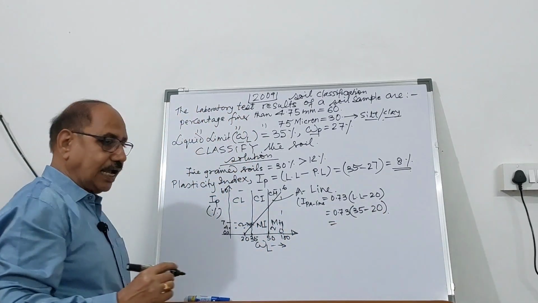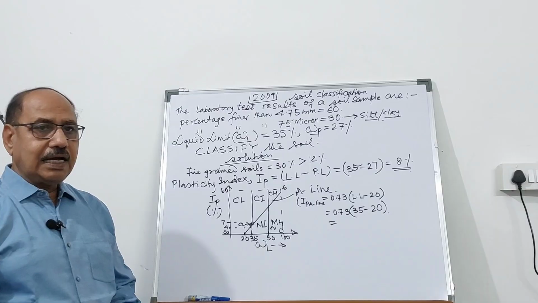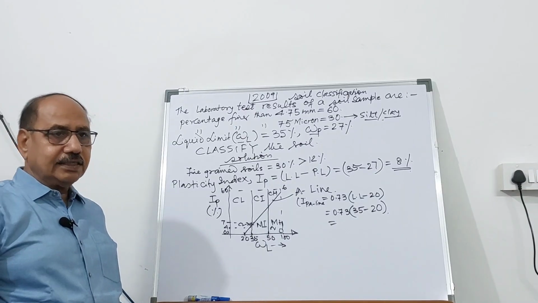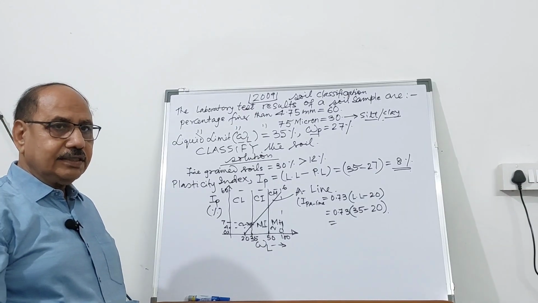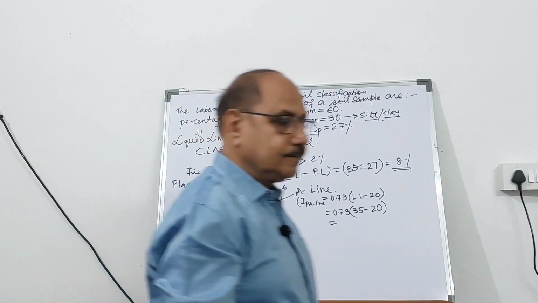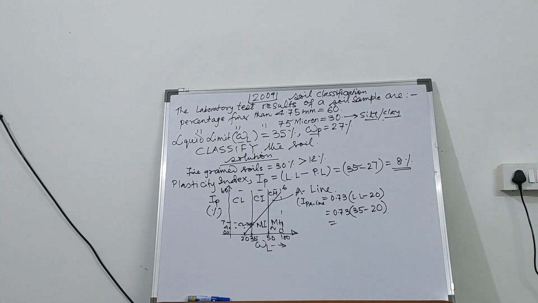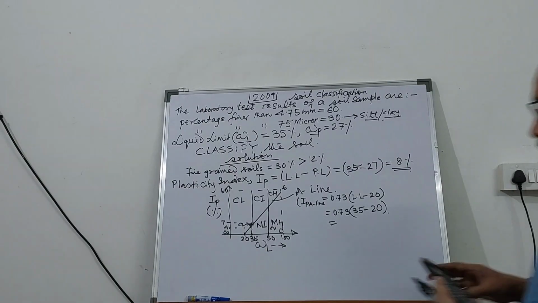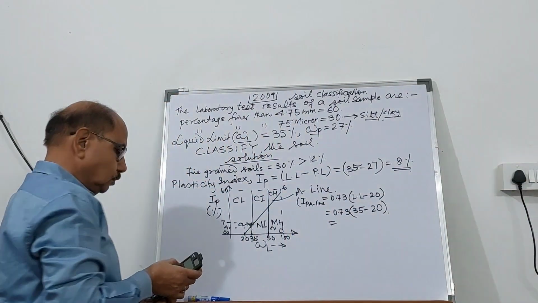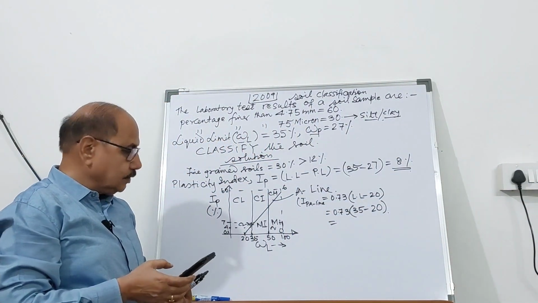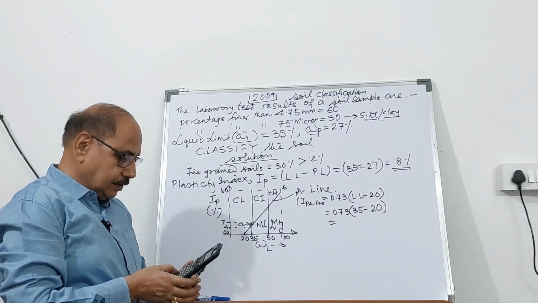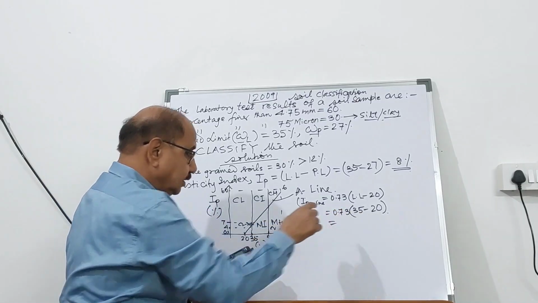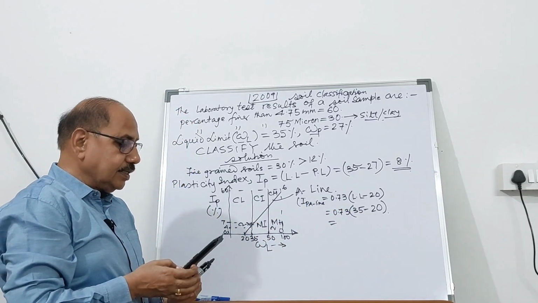So if you calculate this, I will take the calculator and calculate it. Just a minute. So if you calculate it, this is going to be 15 into 0.73.